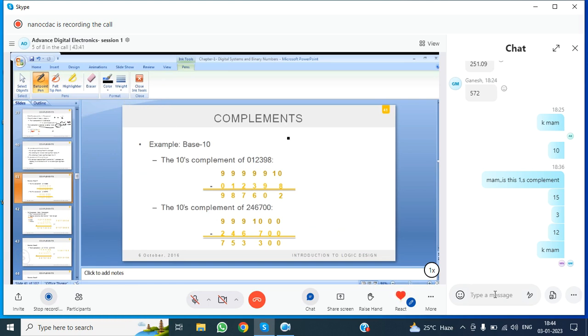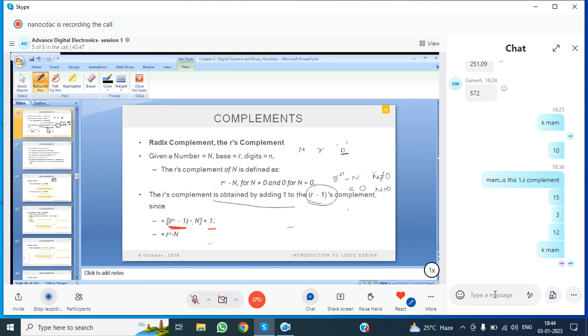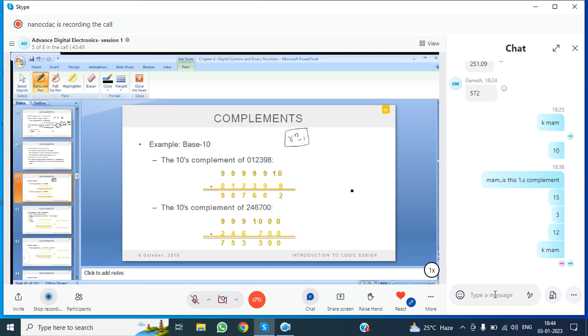So this is r power n minus n, with capital N. Here n is the number of digits, and r is the base or radix.